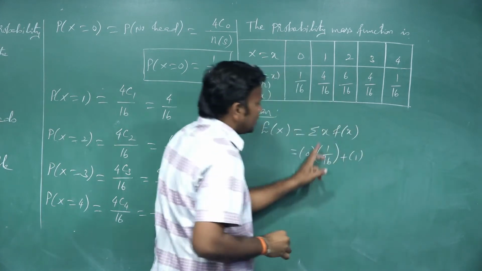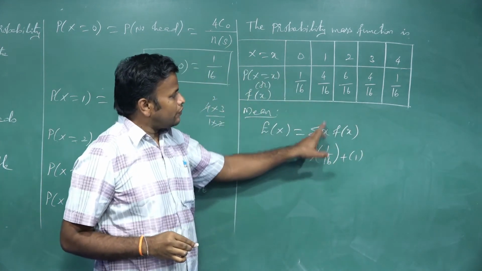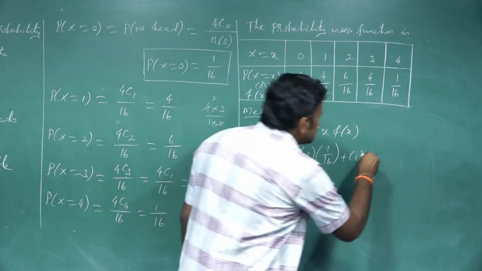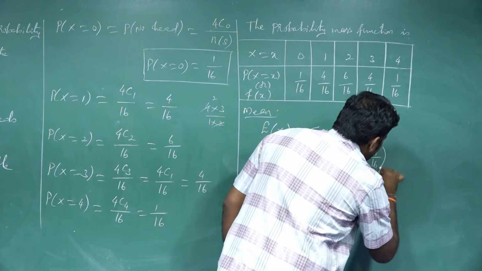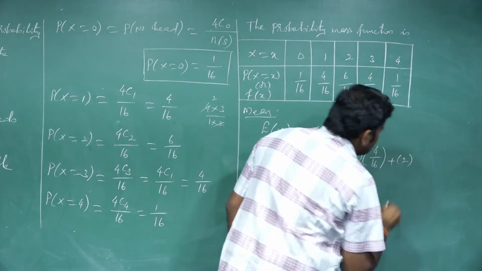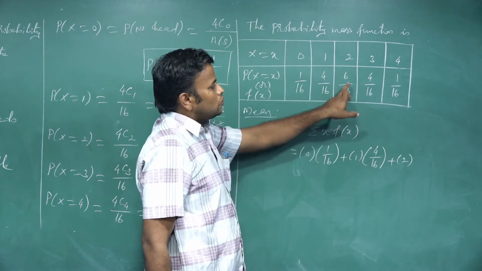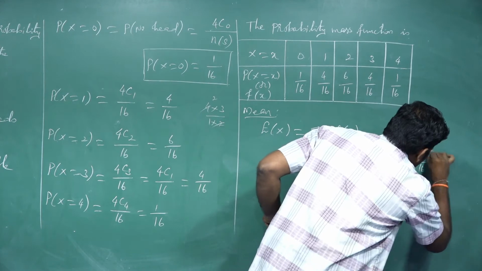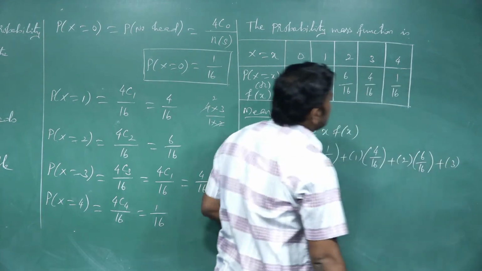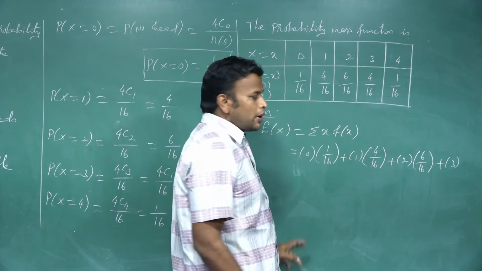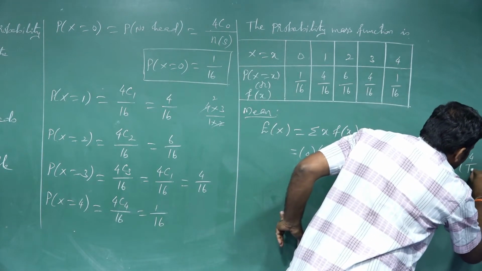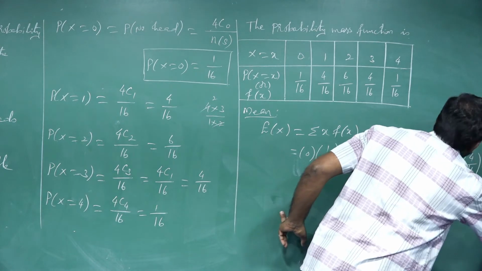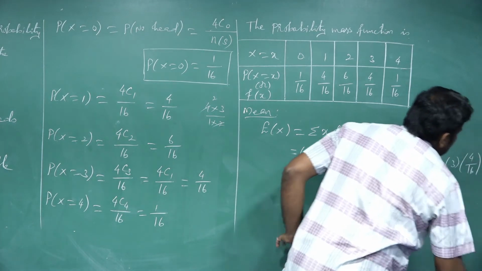Plus, the next value of x is 1, and f of x, its probability value, is 4 by 16. Plus, the next value of x is 2, whose probability value is 6 by 16. Next value is 3, whose probability value is 4 by 16. Plus 4, whose probability value is 1 by 16.